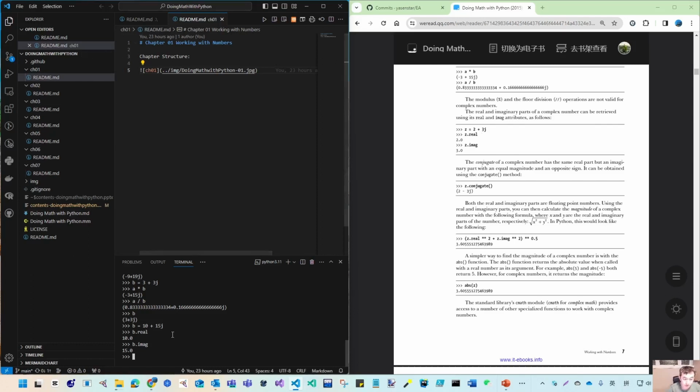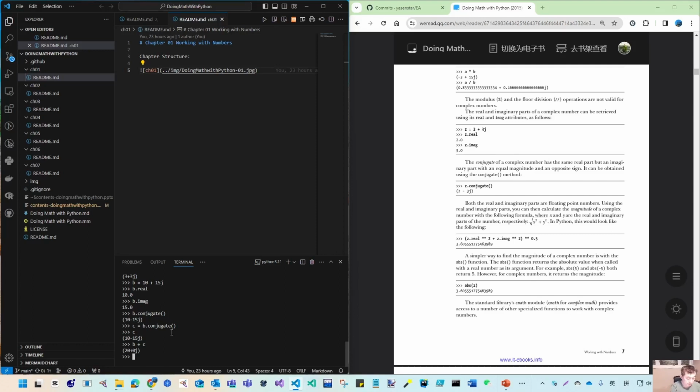So I have this b here. I will do b dot conjugate, so I get 10 minus 15j. If I put c equal to b dot conjugate, then c is 10 minus 15j. If you add the complex number with its conjugate, then you are clearing the imaginary part.